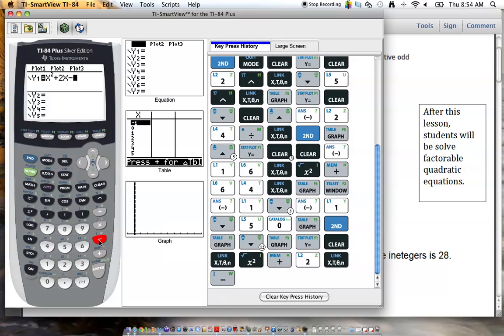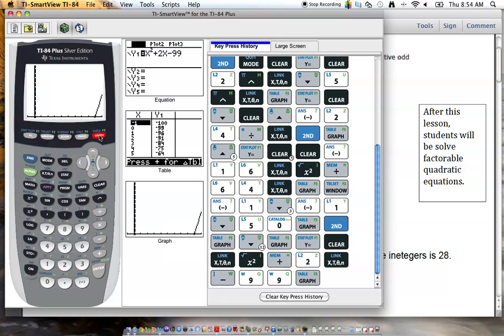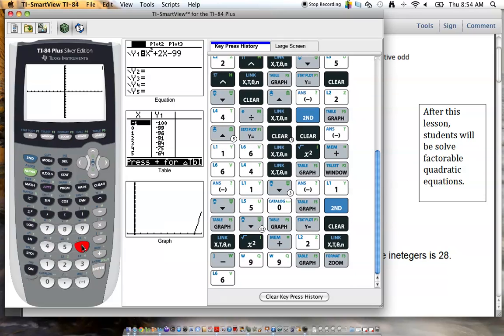Then hit graph. This should not say error. Now, I would also like you to go to Zoom 6. Zoom 6 puts it back in the original area.